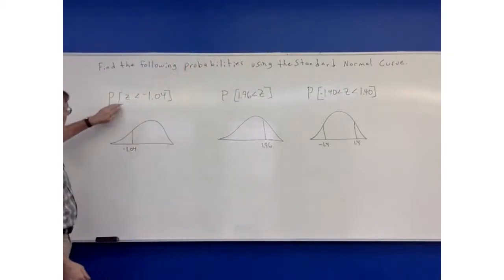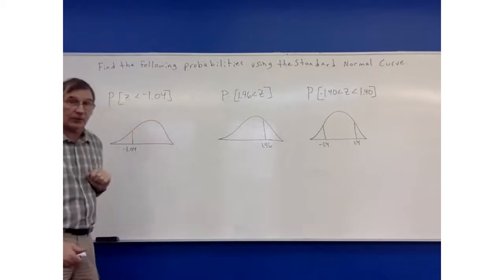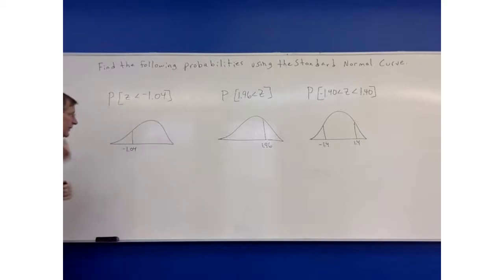What is the probability of getting a z-score less than negative 1.04? Just like we did with area under the curve, I drew a standard normal plot and marked negative 1.04, approximately where it would be. And then I want the z-values less than that.